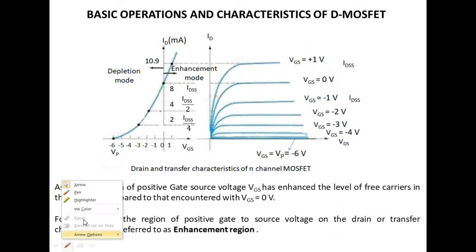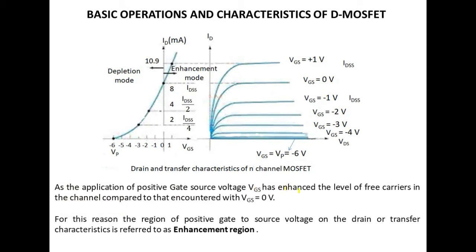The application of positive gate-source voltage VGS has enhanced the level of free carriers in the channel compared to that encountered with VGS equal to 0 volt. For this reason, the region of positive gate-to-source voltage on the drain or transfer characteristics is referred to as the enhancement region. This region will be called the enhancement region because in this region the voltage VGS is positive.